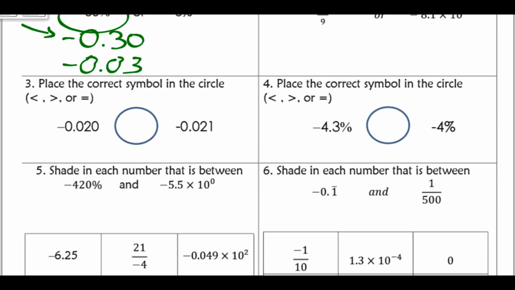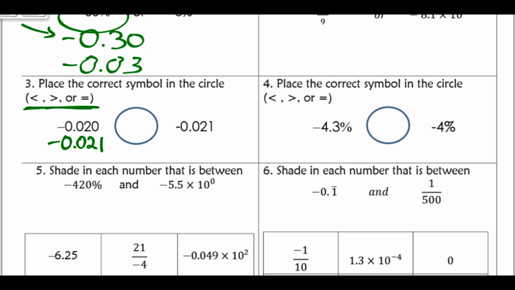On number 3, we're trying to put one of those symbols in between these. So less than, greater than, or equal to, so that we can compare these two numbers. It's actually the same thing that we just did, except now we're using an inequality. So I'm going to stack these two on top of each other, negative 0.02 and negative 0.021.